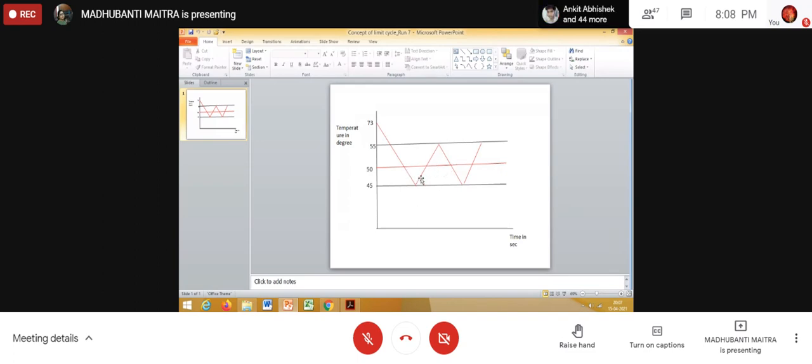So this cyclical behavior will be exponential rise followed by exponential cooling like this.